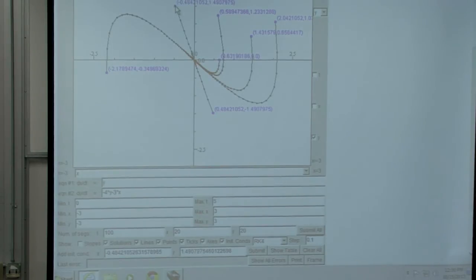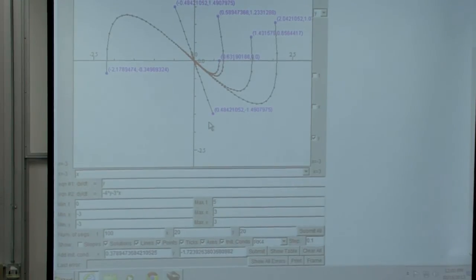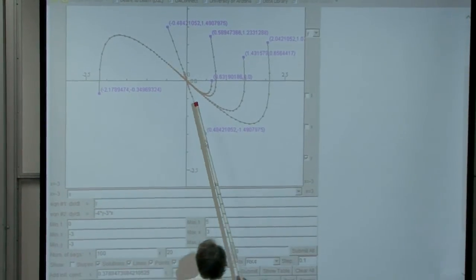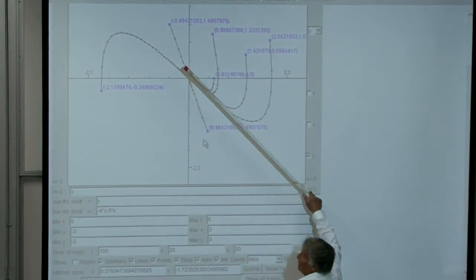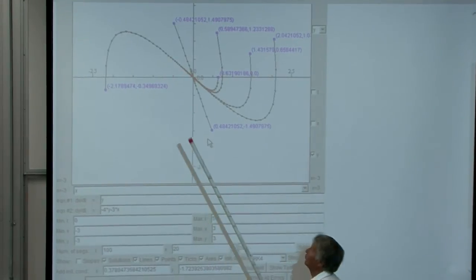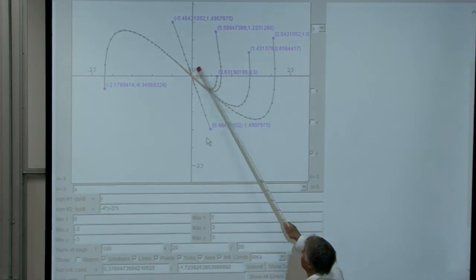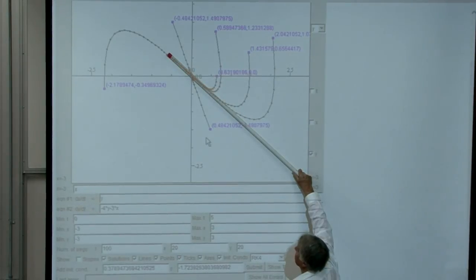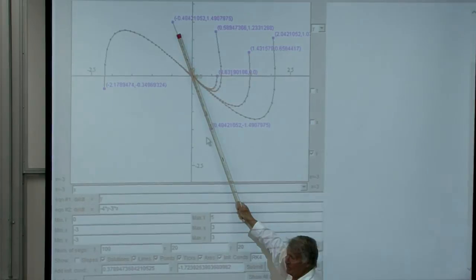Just here. Now, I want to show you a neat thing. Remember the general solution, we express the general point x of t and y of t, say the point out here, as a linear combination of that direction, the vector 1 minus 1, and this vector 1 minus 3.